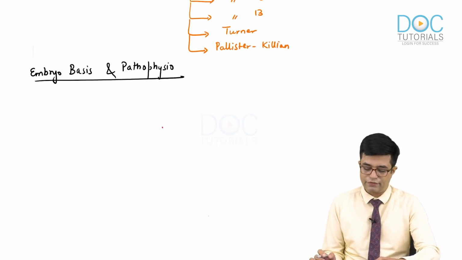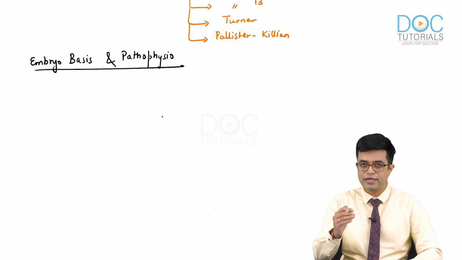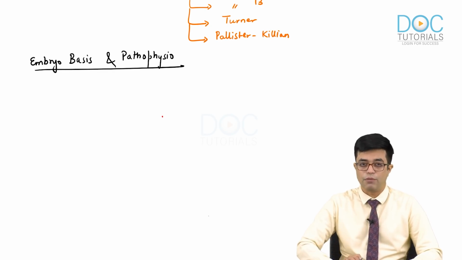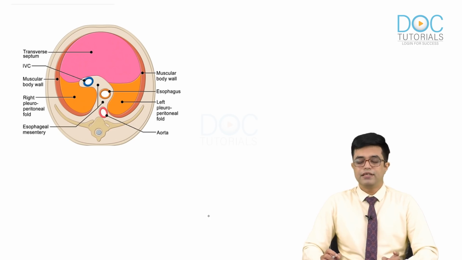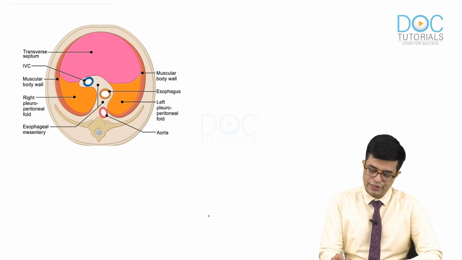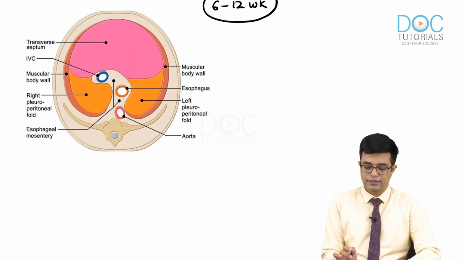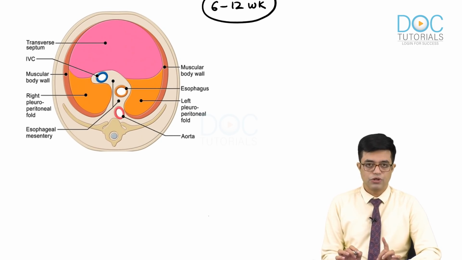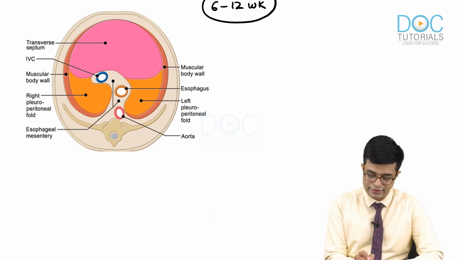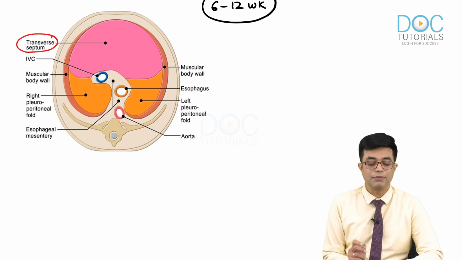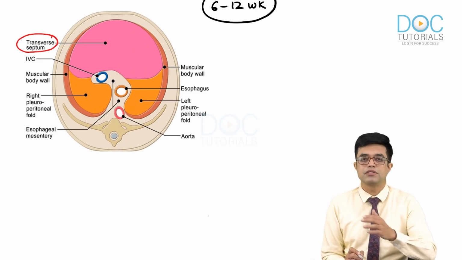of congenital diaphragmatic hernia? Let us try to understand how the diaphragm is getting formed. If you look at fetal life, particularly between 6 to 12 weeks of gestation, the developing diaphragm looks something like this. What are the major structures which you can see here? Anteriorly, you can see a structure called the septum transversum.